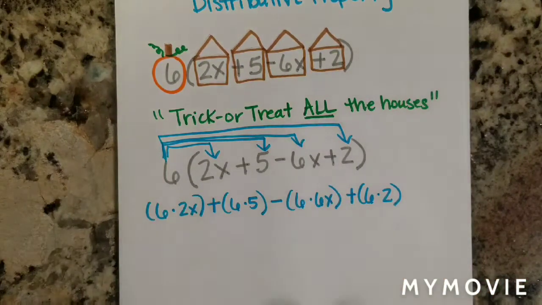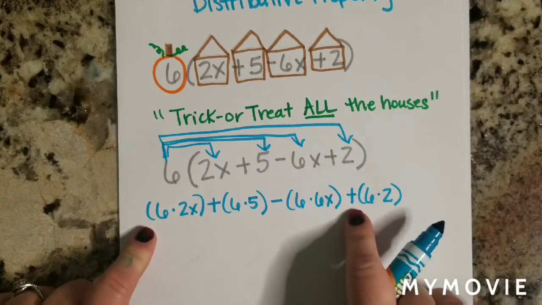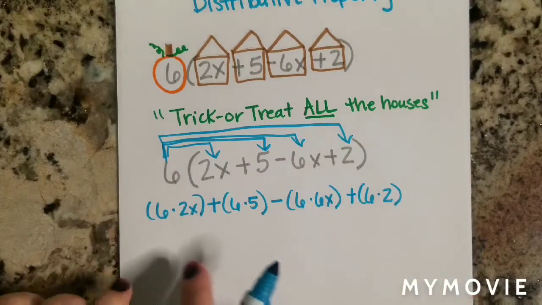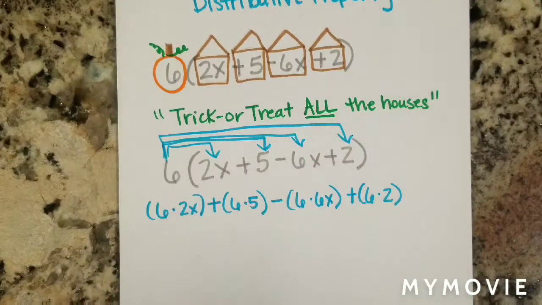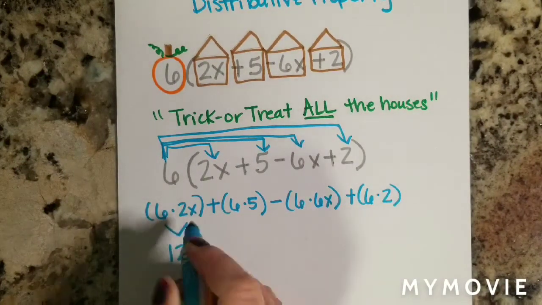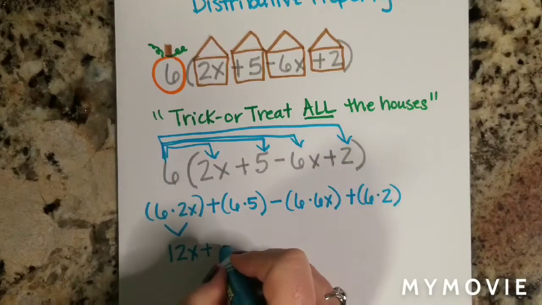And really, I don't usually write this out, but I'm trying to help you visualize exactly what I'm doing so you know what's going on. So I just said 6 times 2x, and that would give me 12x. Don't forget your variable. Bring down the plus sign. 6 times 5 is 30.